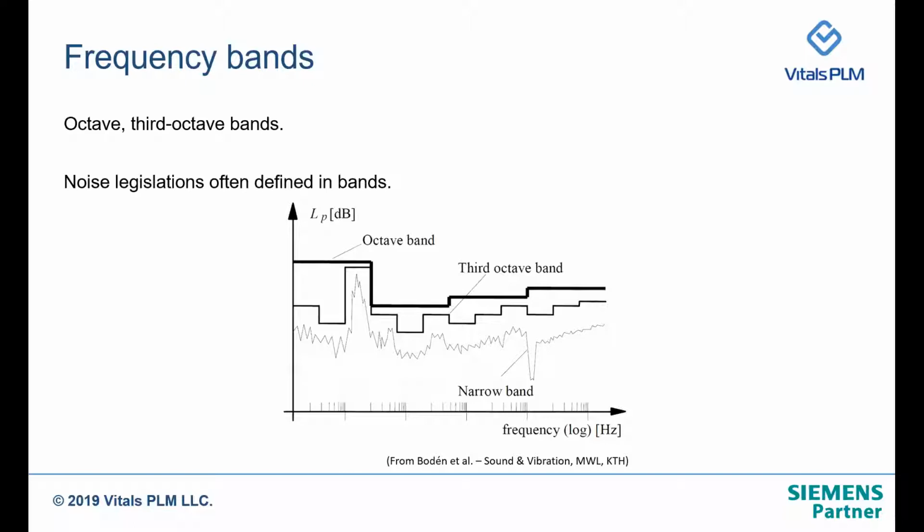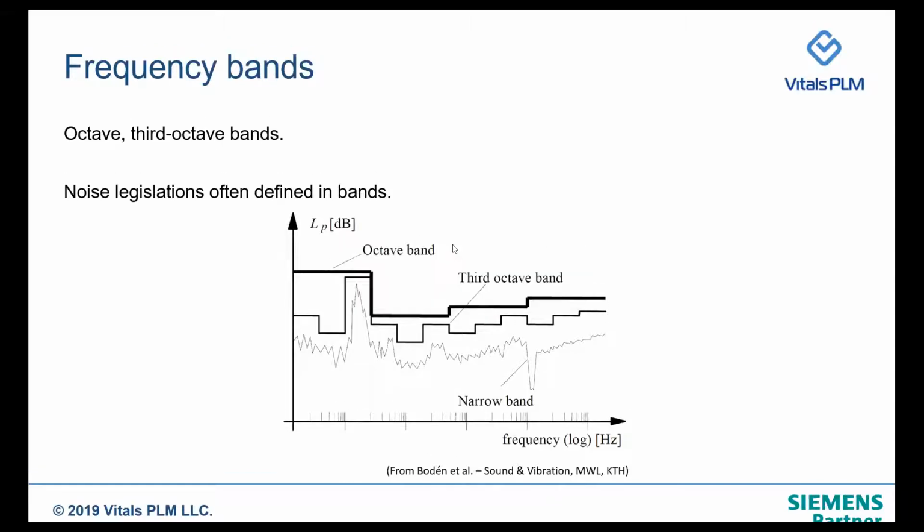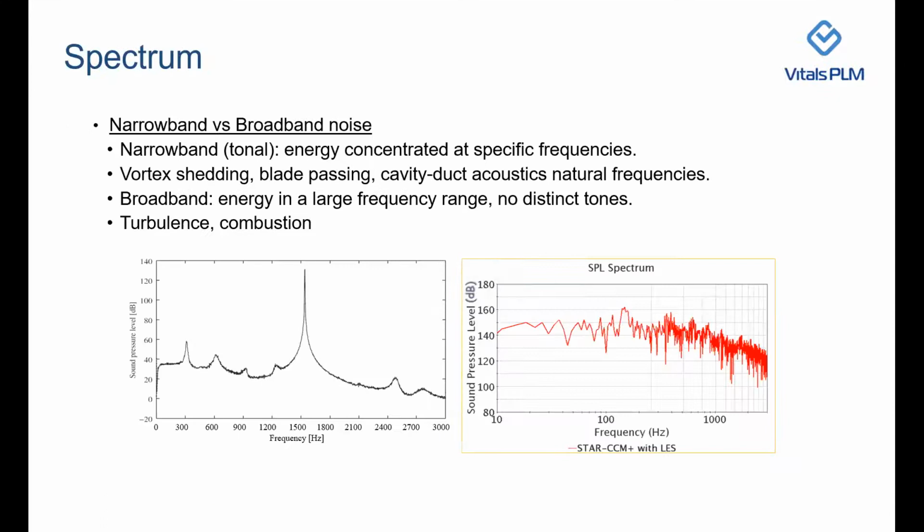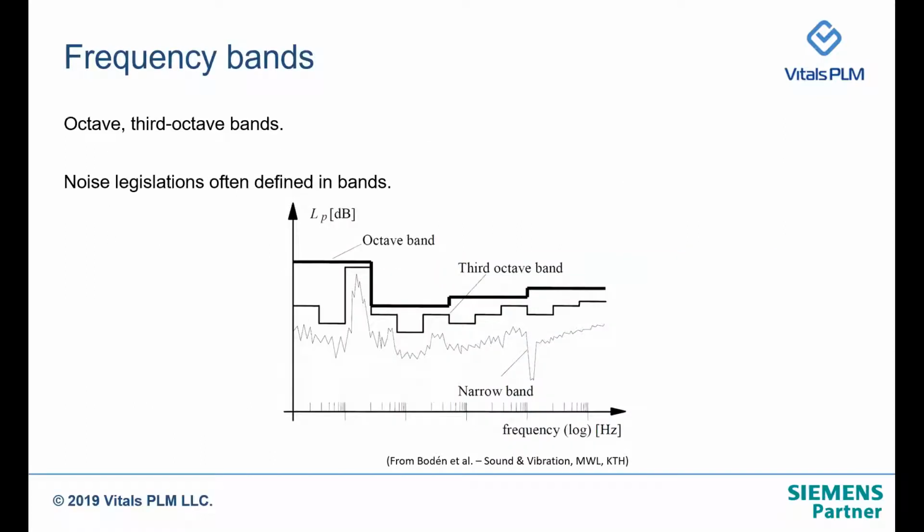And the resolution which we have seen in the previous slide depends on the time length of the time signal which is taken. And oftentimes it is desirable to compare results of different resolutions.